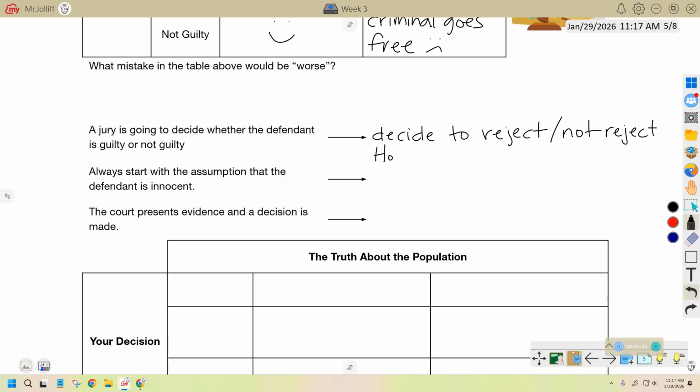Second, in an ideal jury trial, in a perfect world, we would always start with the assumption that the defendant is innocent until proven guilty. What is the equivalent of that for our hypothesis test? What are we assuming to be true when we start?